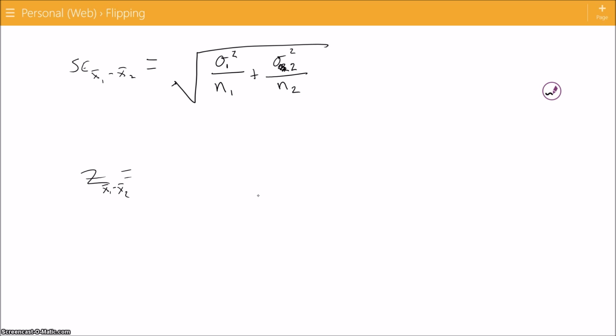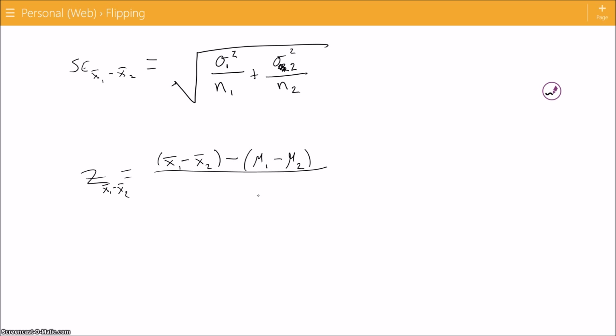And this is going to have a numerator and a denominator, much as I had when I do one sample: x bar 1 minus x bar 2, that quantity, minus the quantity of your population mean for the first group minus your population mean for the second group.